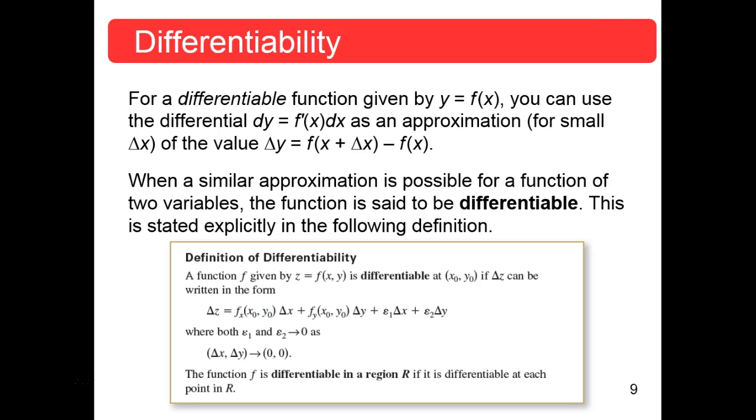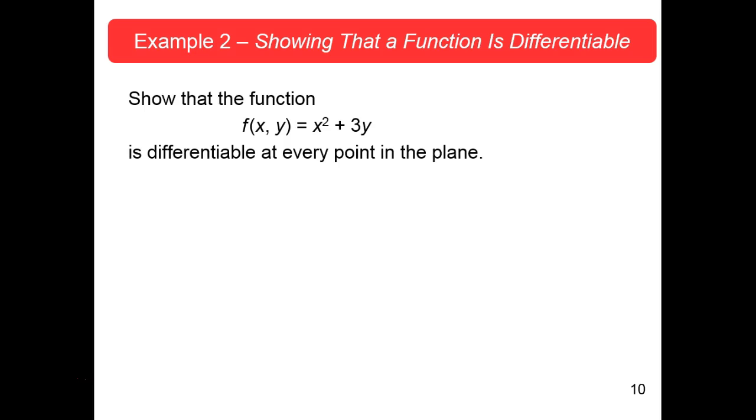In other words, as those increments are getting smaller. Function f is differentiable in a region R if it's differentiable at each point in R. So we're now to show this is differentiable at every point in the plane.